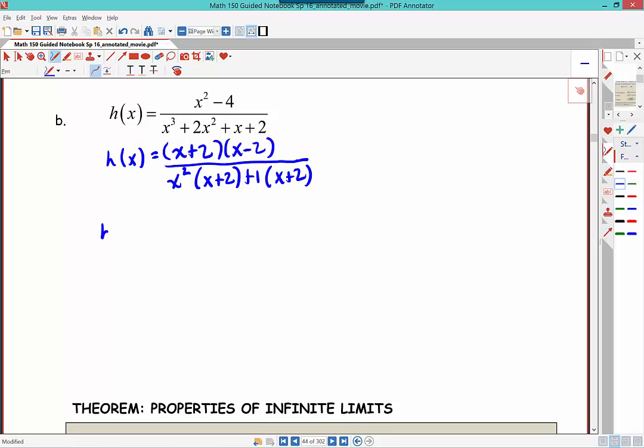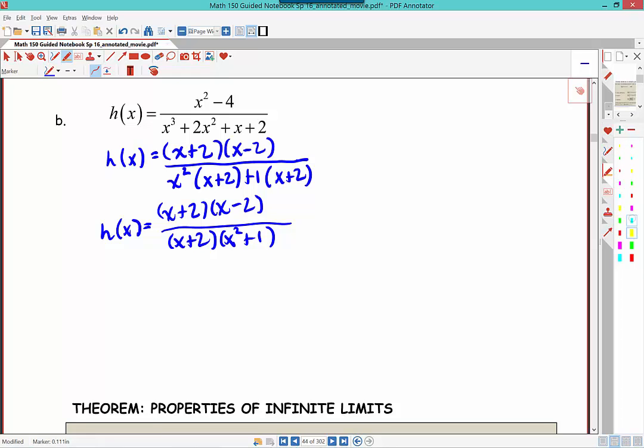Then h of x is x plus 2 times x minus 2 all over x plus 2, the common binomial factor, times x squared plus 1. So I just factored out this common binomial factor here.